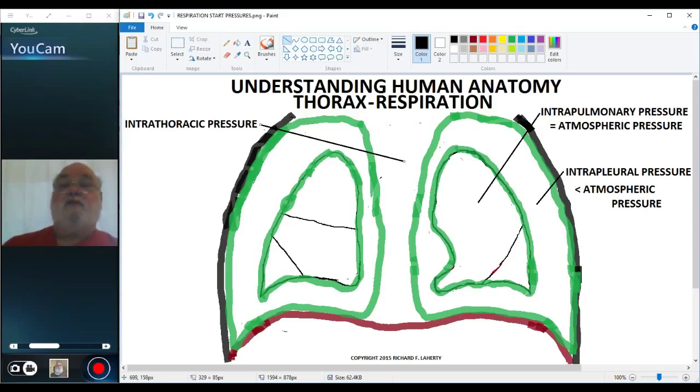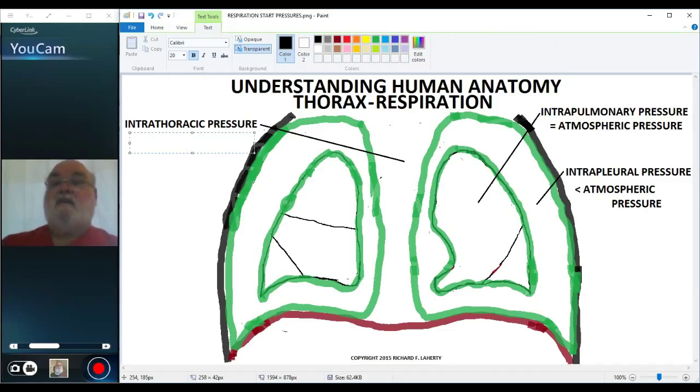It's the pressure outside of the pleura. And the intrathoracic pressure is less than intrapleural pressure.